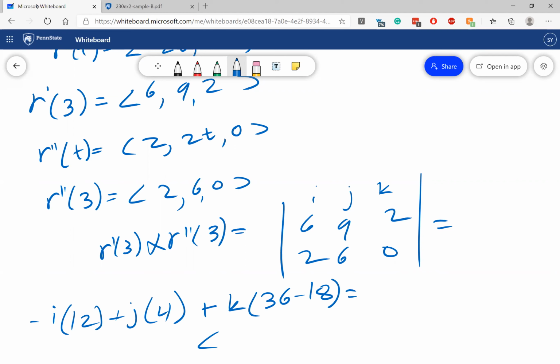So this is going to give us negative 12, 4, and 18.